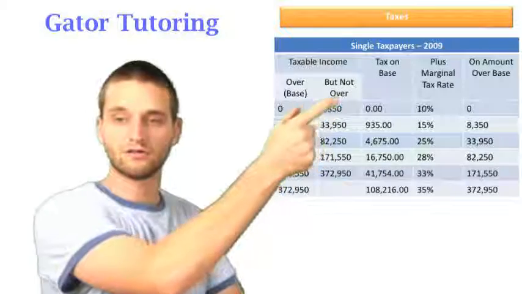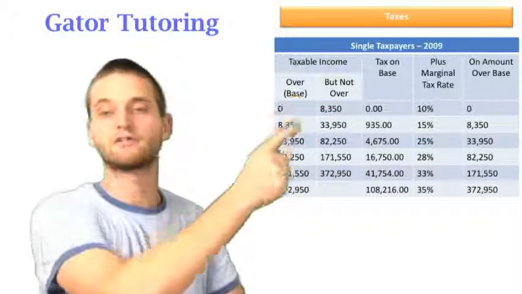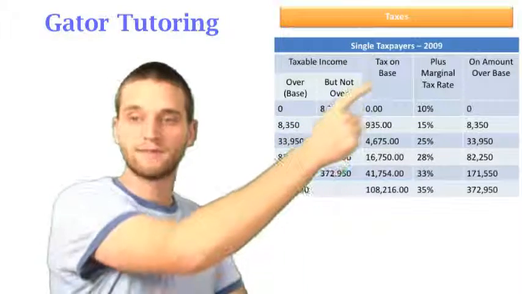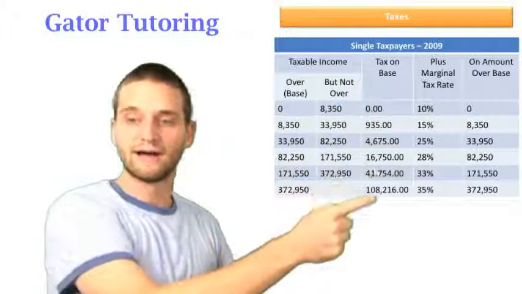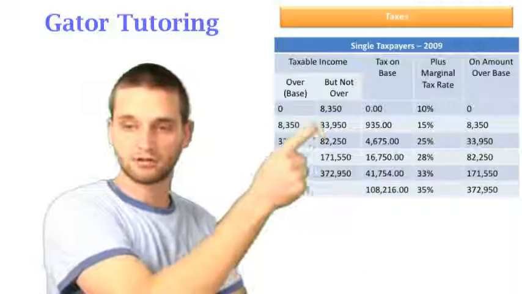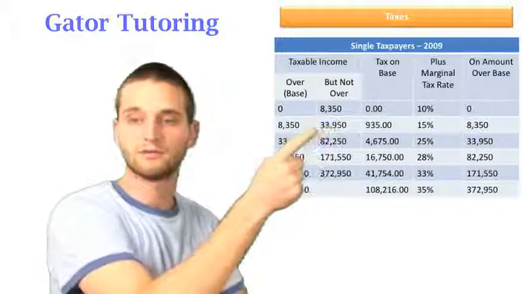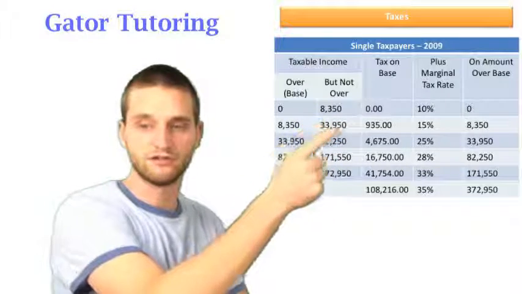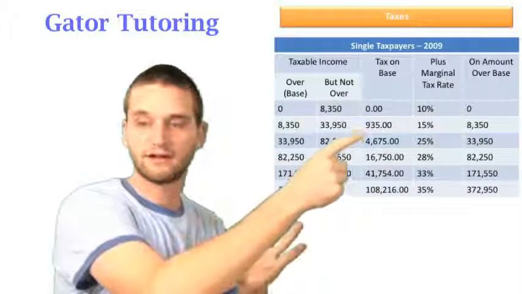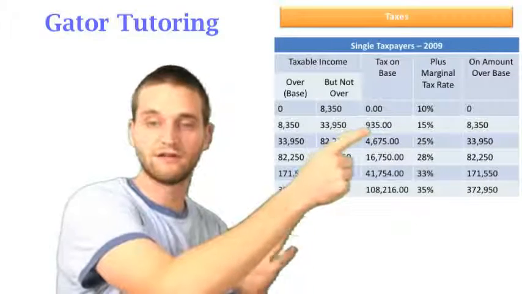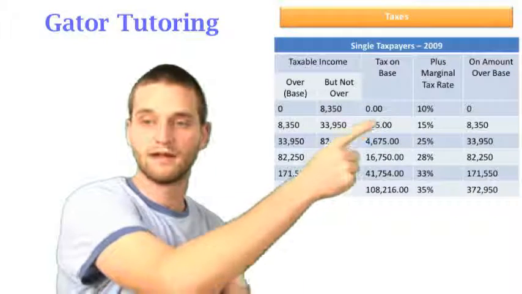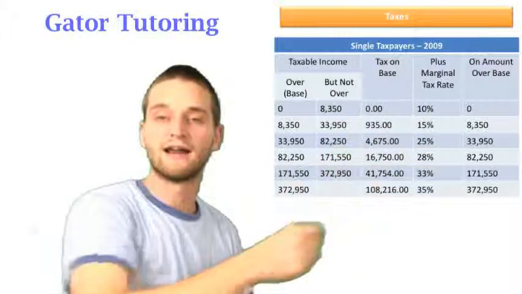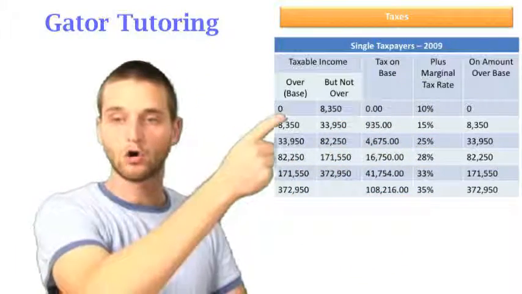This is the bottom part of the interval right here. It's called the base. And this is the upper part of the interval. This column tells us a fixed dollar amount that you pay if you're within this interval. So if your income lies between $8,350 and $33,950, then you owe a fixed dollar amount of $935, and then you additionally owe the marginal tax rate on any dollar amount that you earned over the base.